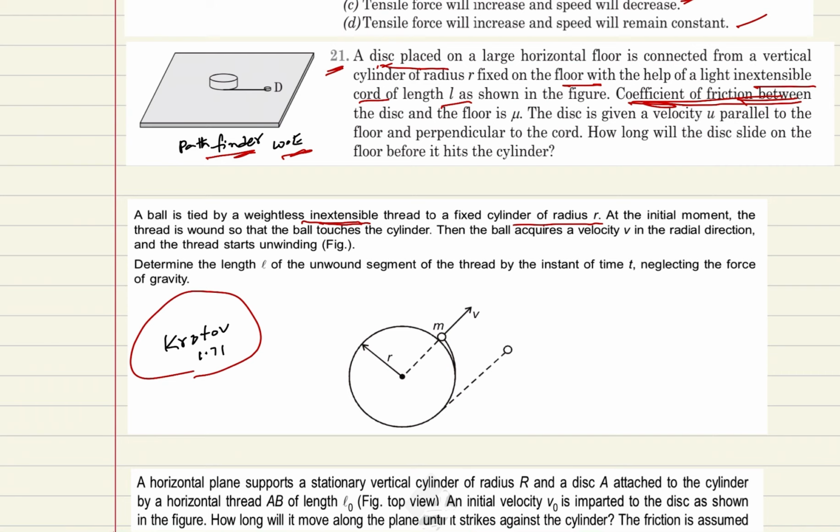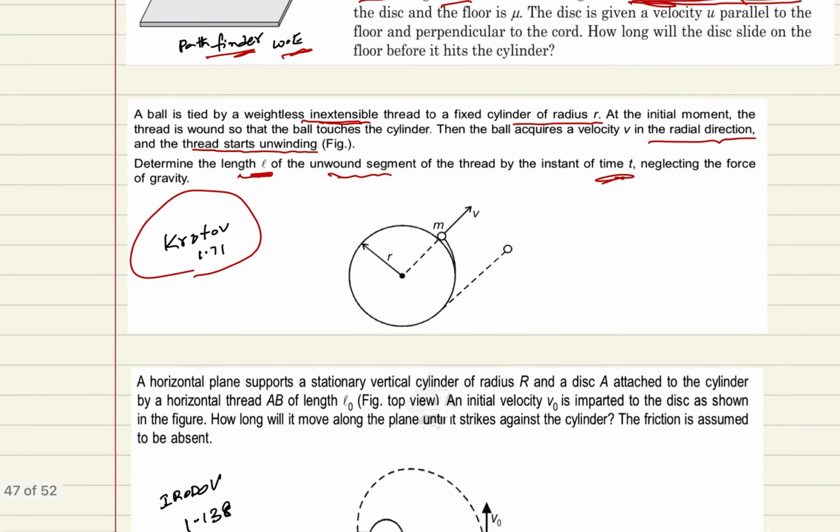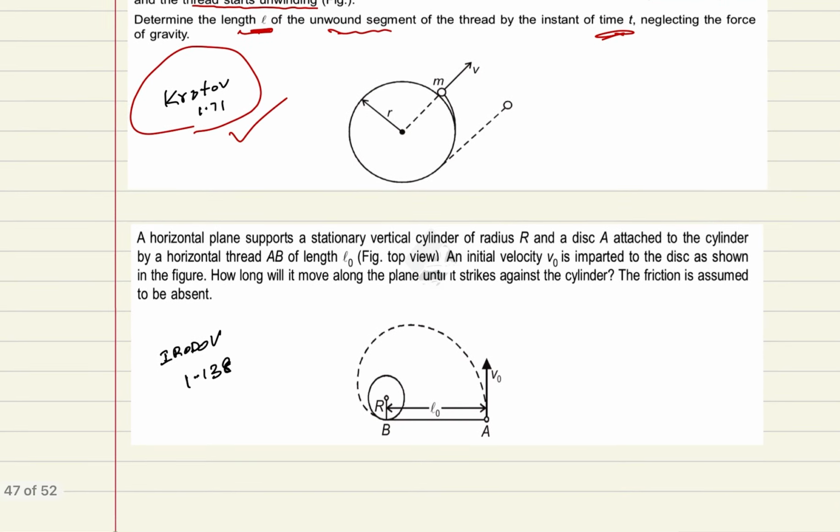Then the ball acquires the velocity v. You can see here, the ball acquires the velocity v in the radial direction and the thread starts unwinding. Determine the length L of the unwound segment of the thread by the instant of time t, neglecting the force of gravity. So the diagram is given like this. This is from Krotov 1.71.